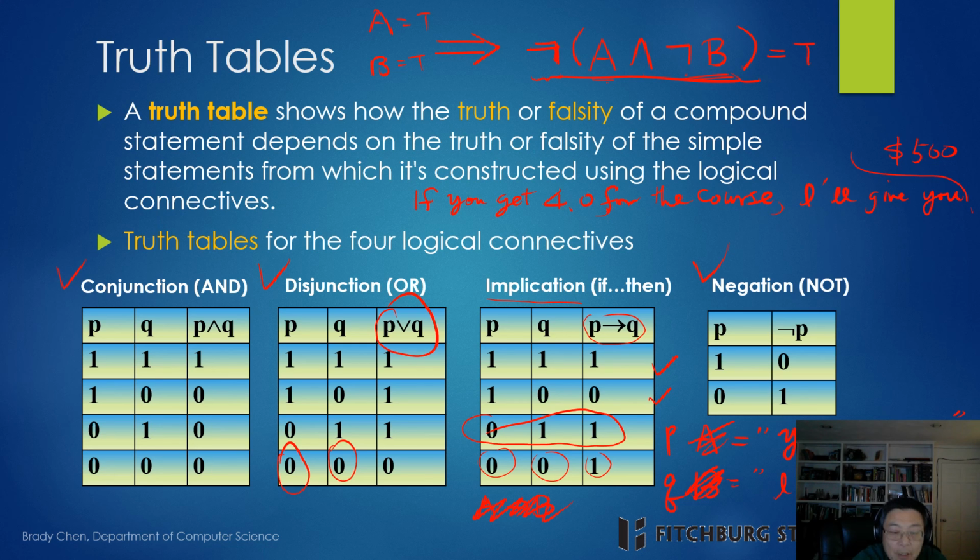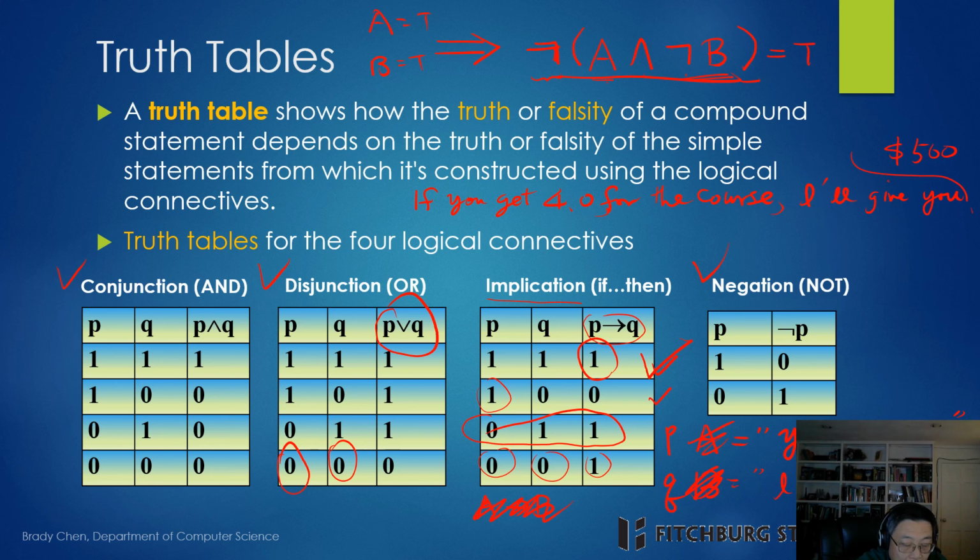And Q is true, I will give you $500. Or both P and Q are true. Of course, then this statement is true, right? If you get 4.0, I give you $500. Everyone's happy. So P is true, Q is true, and P implies Q is true. No question about this.